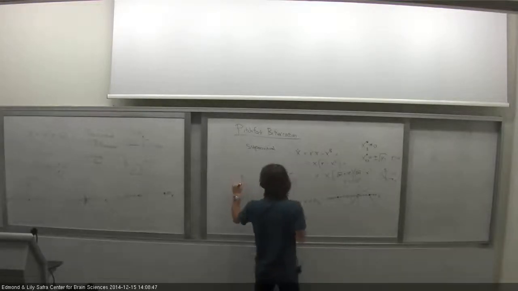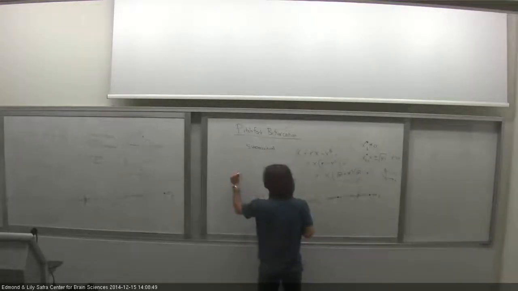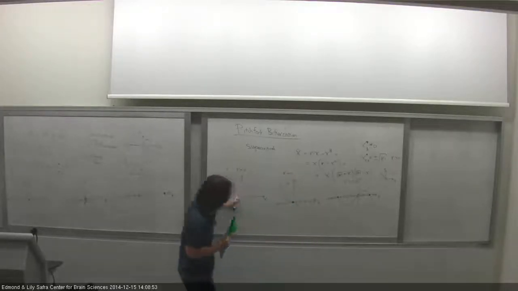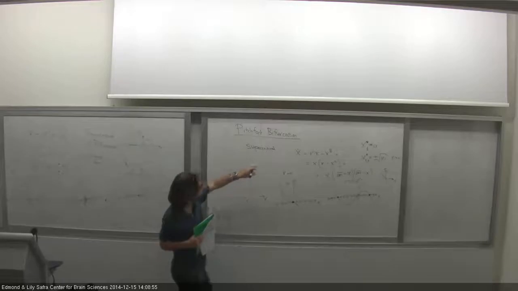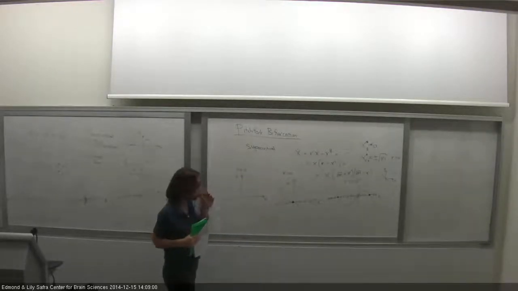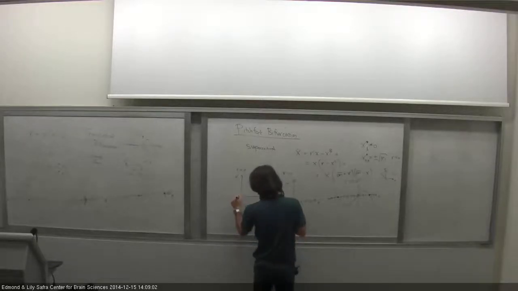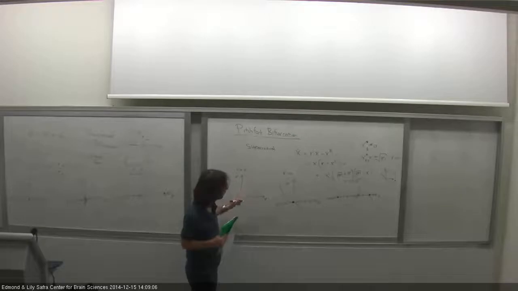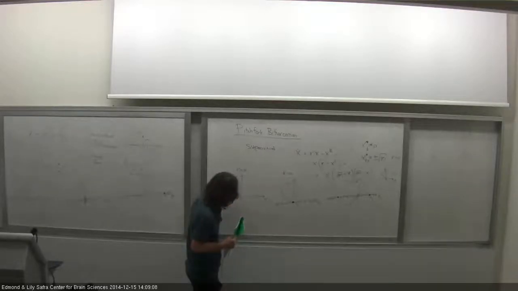And for a negative r, near the origin, the linear term dominates, only now it's a negative slope. So I have a negative slope here, okay? And farther away from the origin, this behaves like minus x to the third.